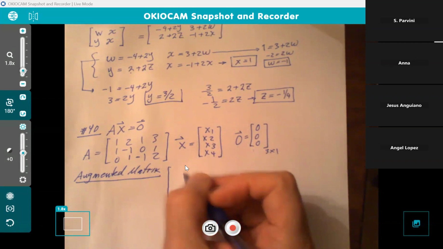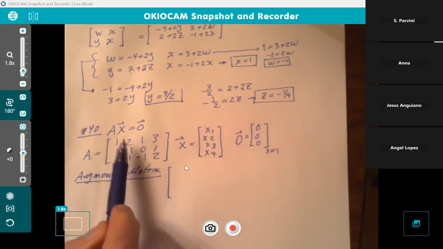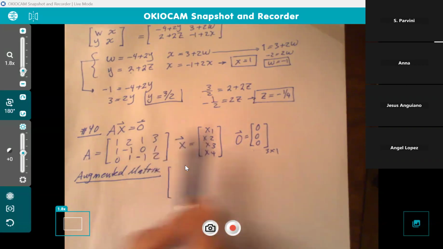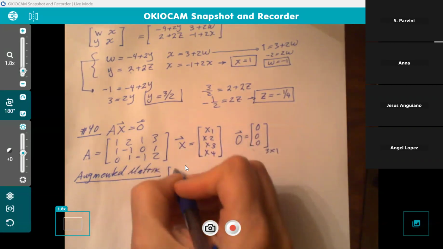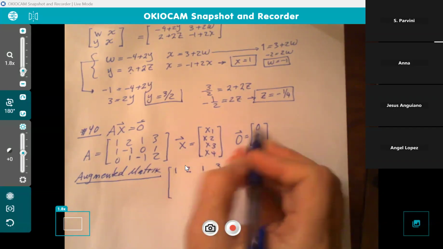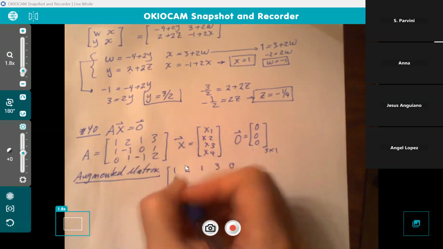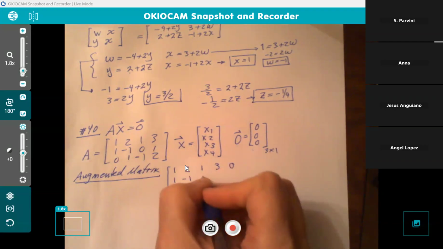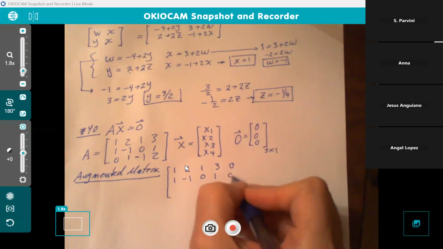My matrix is going to have 3 rows, 1, 2, 3, and 1, 2, 3, 4, 5 columns. Okay, so the row is 1, 2, 1, 3, bring the 0 in front of it. See, we just augmented it. And then we have the second row of A. I'm just copy pasting it. 1, negative 1, 0, 1, attach another 0.